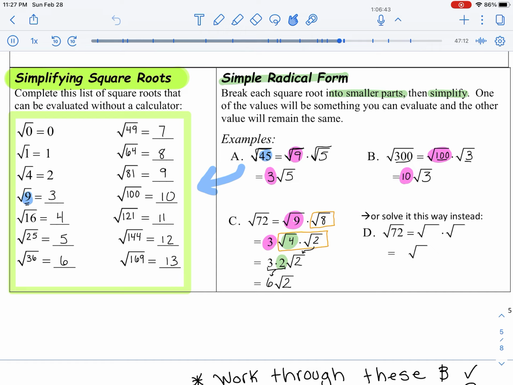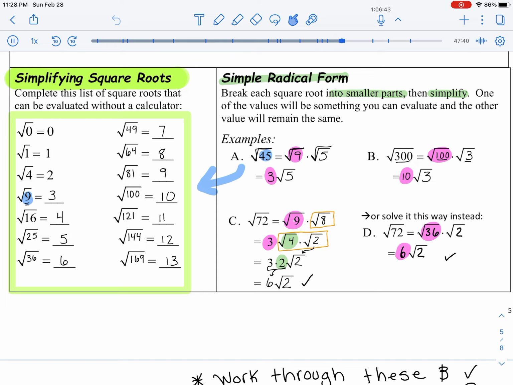Now some people will come to me and tell me, I know how to solve this a simpler way. Because I know that the square root of 72 can be rewritten as the square root of 36 times the square root of 2. And I know that the square root of 36 is equal to 6, so my final answer is 6 root 2.